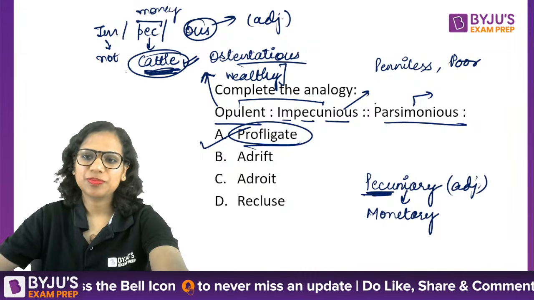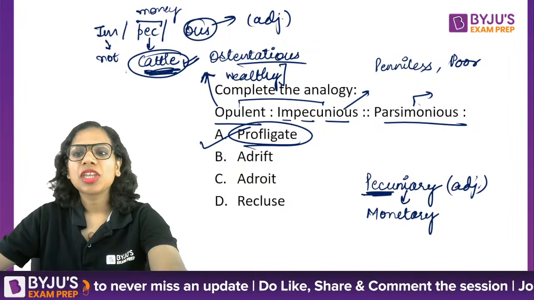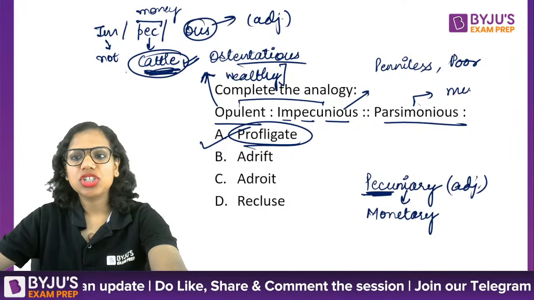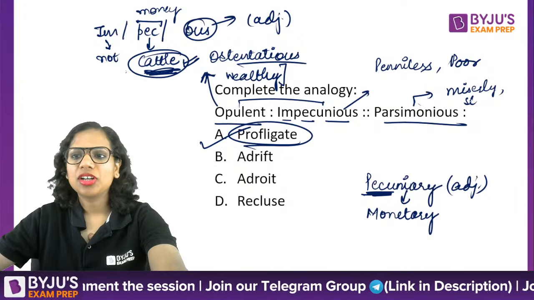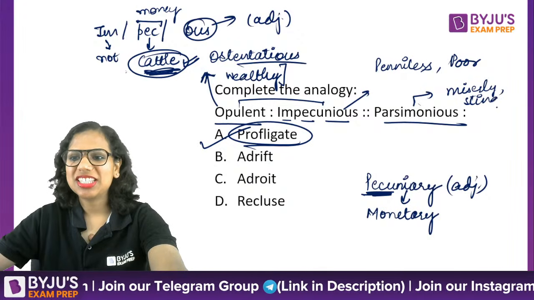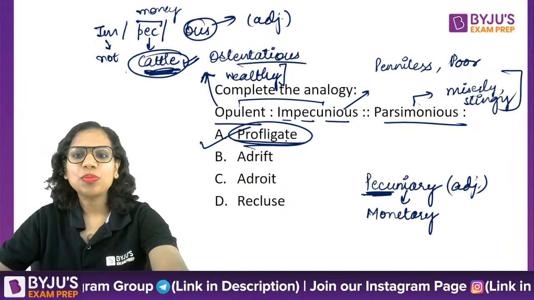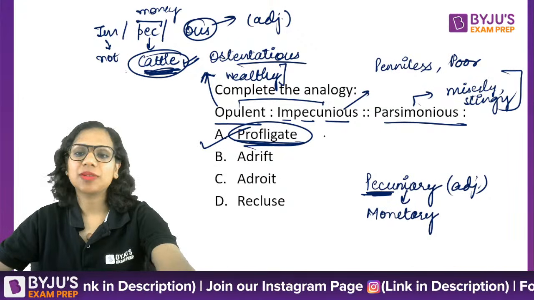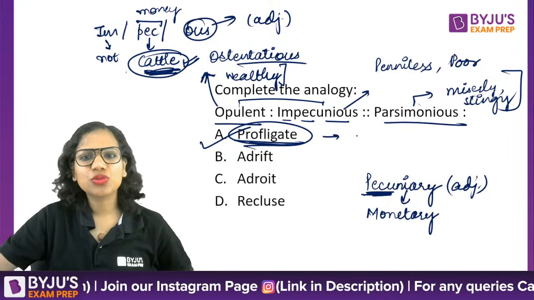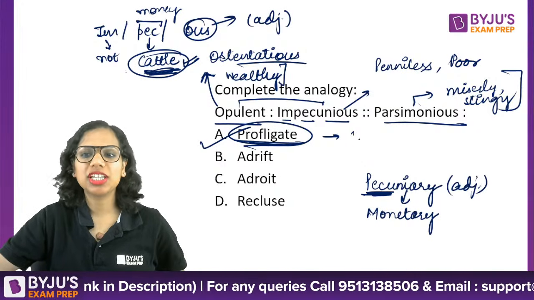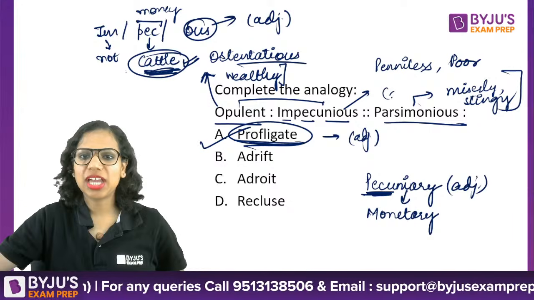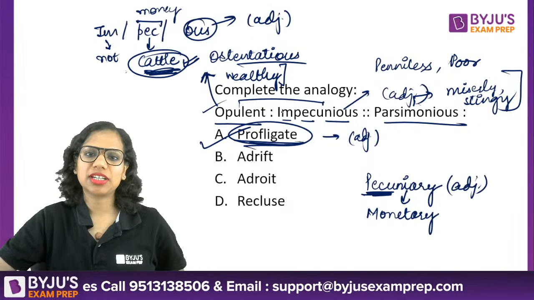Parsimonious, somebody who's stingy, miserly, penny pinching, close fisted. So many synonyms. And the opposite is a profligate person who's very wasteful in the use of their money, resources, etc. All of these are adjectives, in fact.